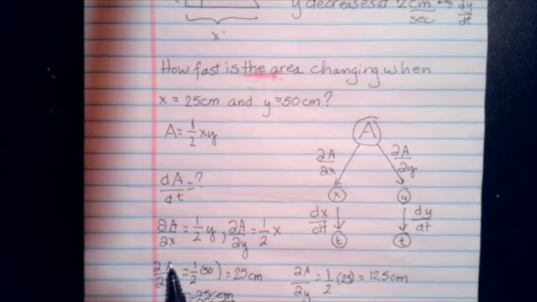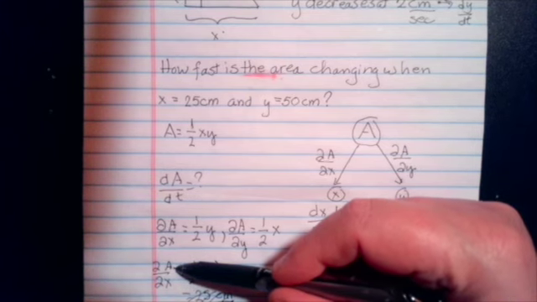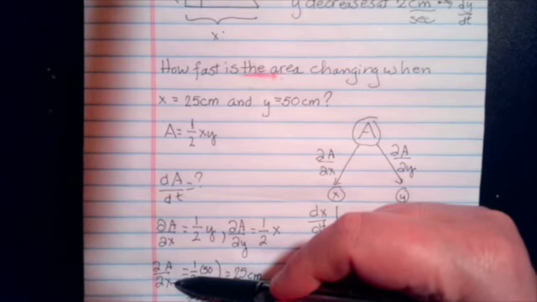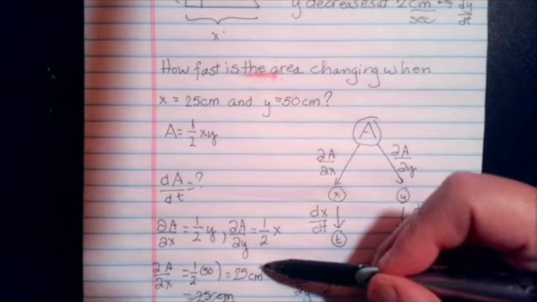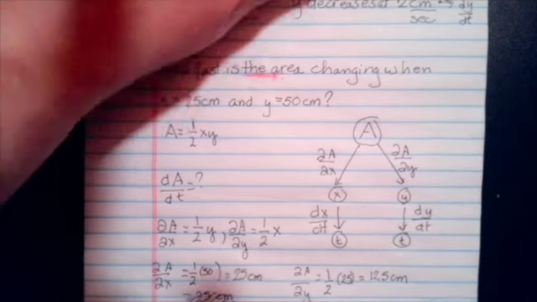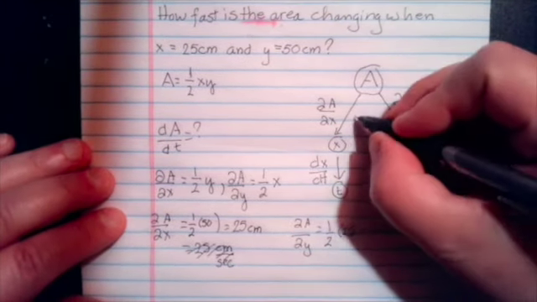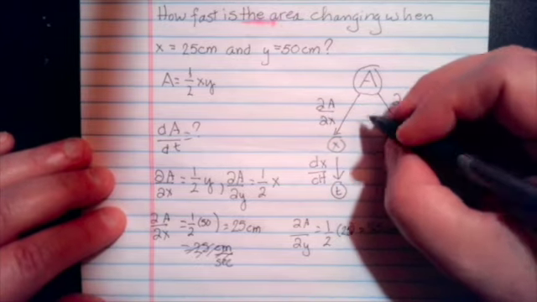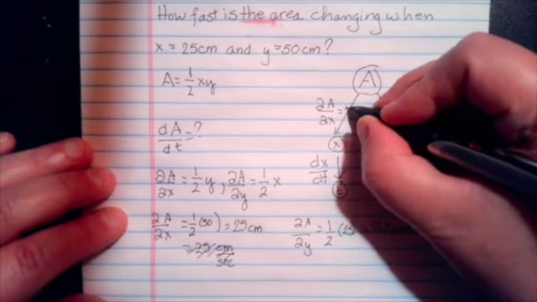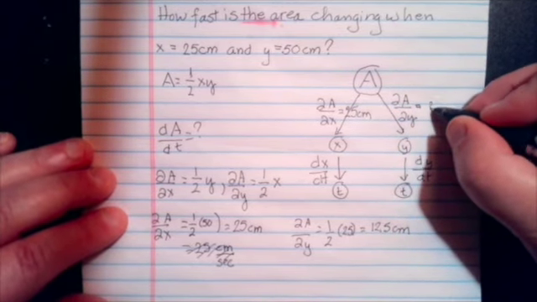Well, a is measured in square centimeters, and x is measured in centimeters. So centimeters squared divided by centimeters is just centimeters, and the same thing over here. All right, so del A del x is 25 centimeters, and this is 12.5 centimeters.